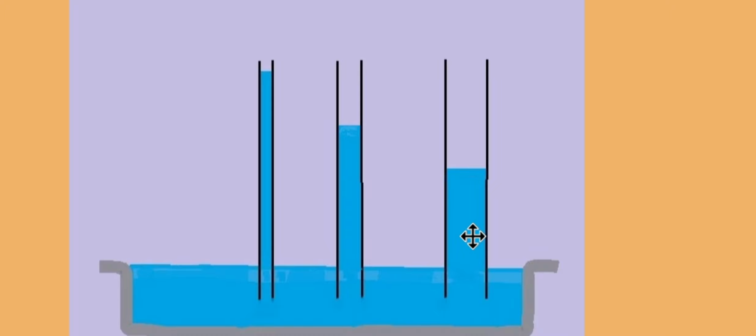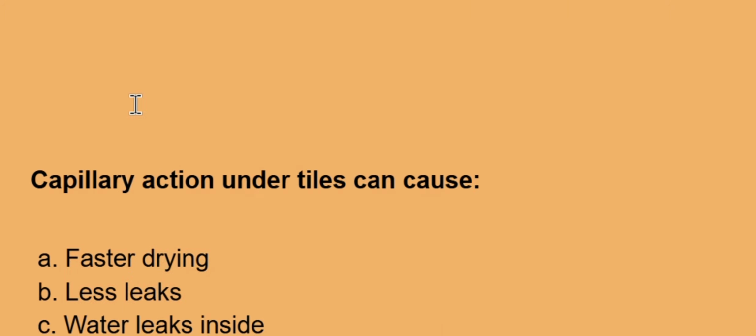You'll notice the straw on the right, the water level is lowest because the gaps between the sides of the straw are wider. You've got less capillary attraction, less water is being pushed up, and you'll notice that the narrower the diameter of the straws, the more the capillary attraction, so the water goes up more.